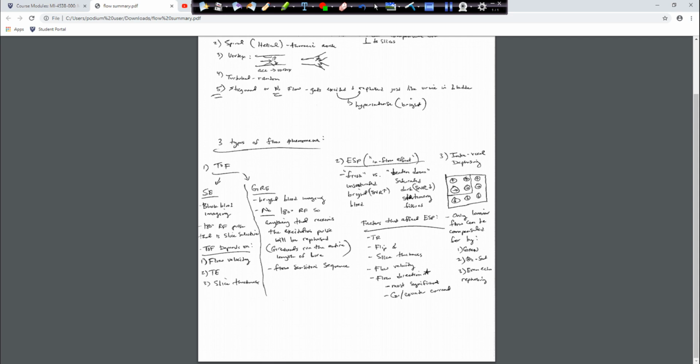The second major flow phenomena that we described was entry-slice phenomena, and this is basically described by saturation. And remember, partial saturation is past 90 degrees, full saturation is 180.